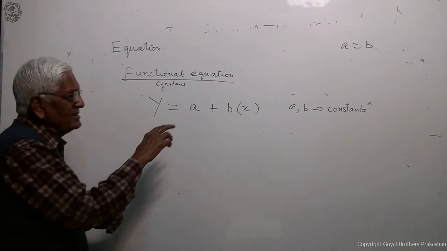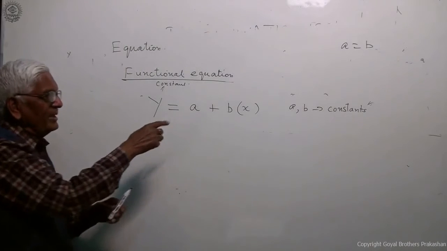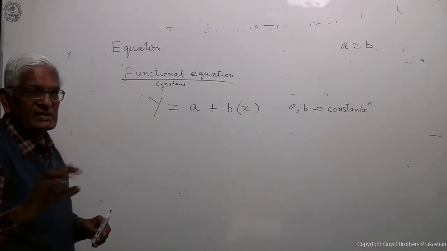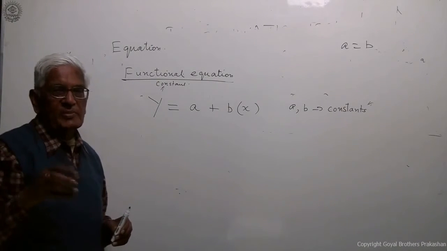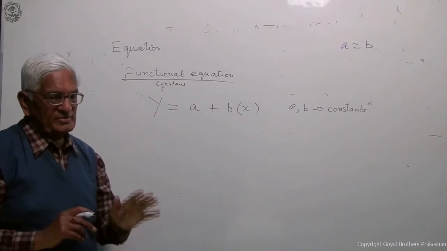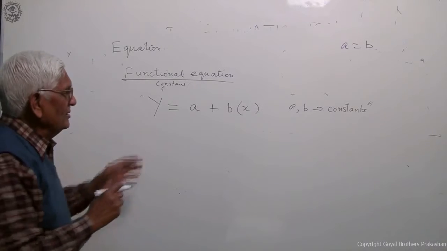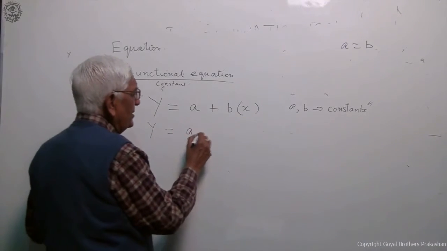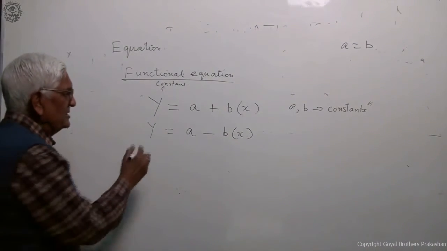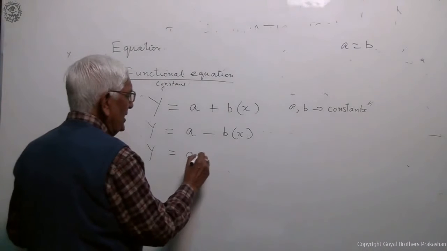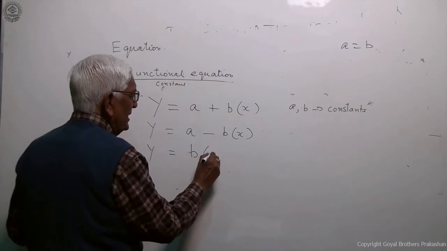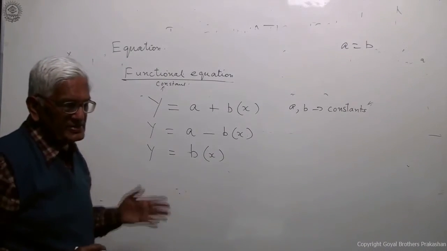Why don't we say that it is also dependent upon a and b? The value of a and b once given is given. It may be 2, it may be 3, it may be 4, but value of x can go on changing. Another form can be the same, a minus bx. Then still another form can be simply bx.